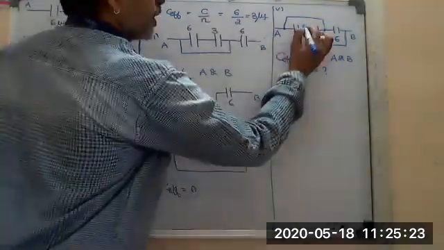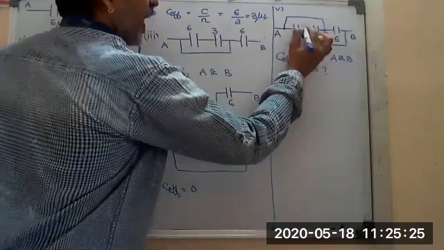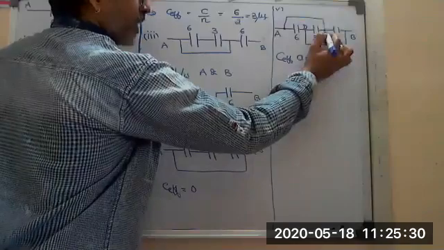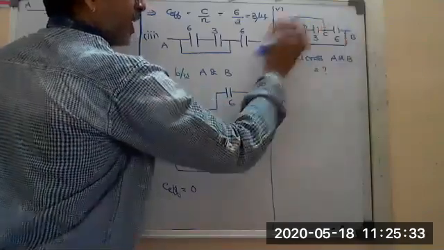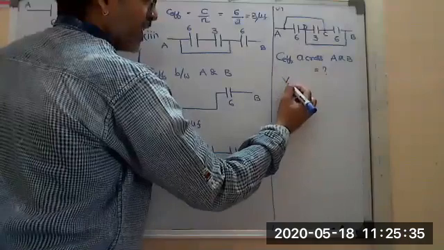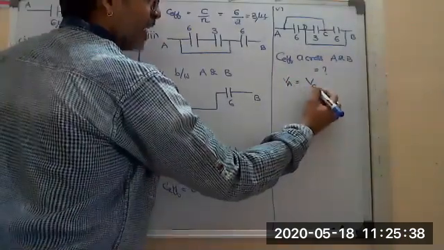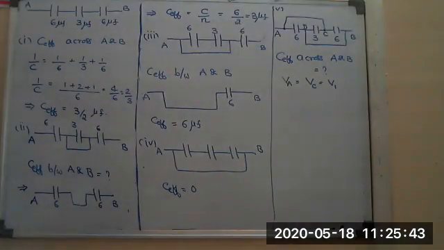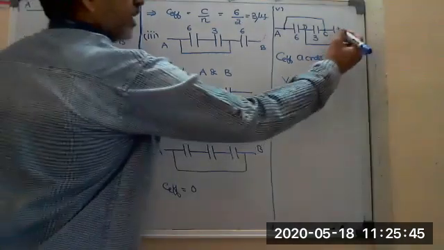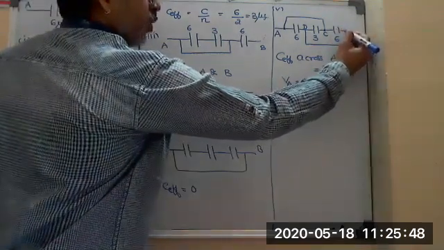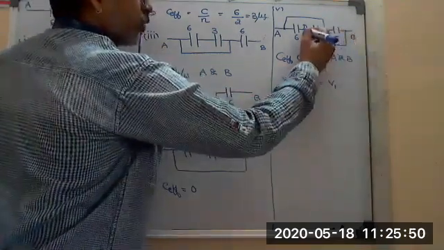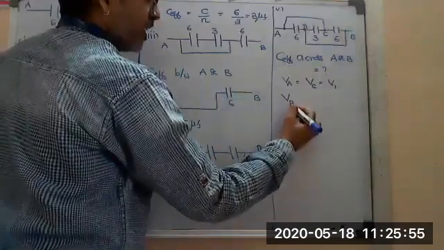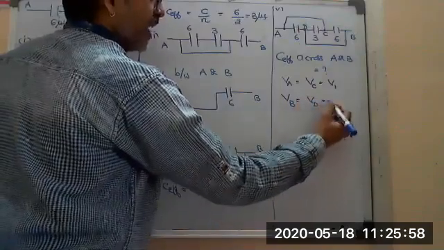Here you assume this is the point C and it is the point D. By short circuiting like this, A and C, can I say V at A is equal to V at C? Let it be V1. In the same way, this is the point B, and it is short circuited to D. B is short circuited to D means VB is equal to VD. Let it be V2.